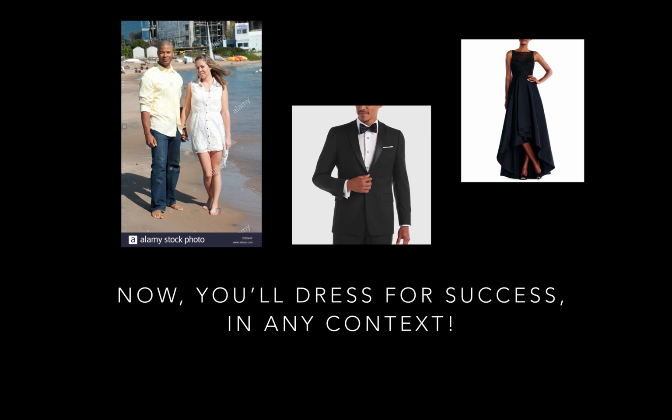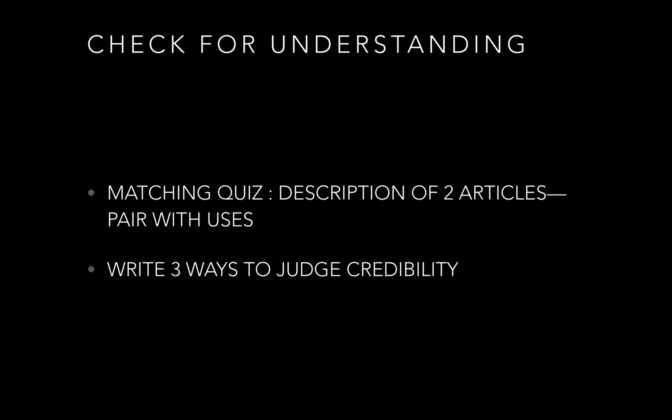And so now that we have our list of credible sources and we have the knowledge to pick out which information source would be best in which situation, we'll always be dressed for success because we'll know to look at the context. And just to check for understanding, I'll be passing out a quiz.